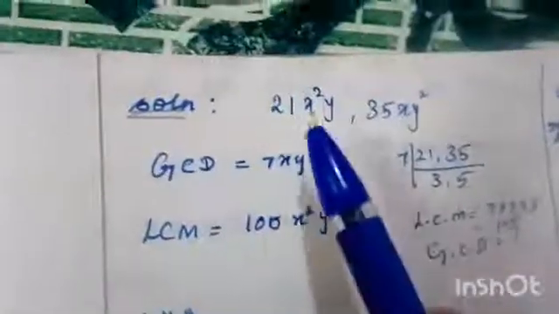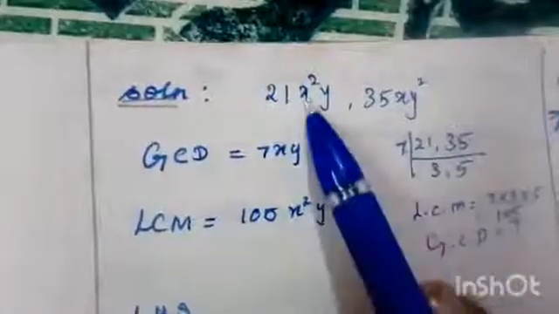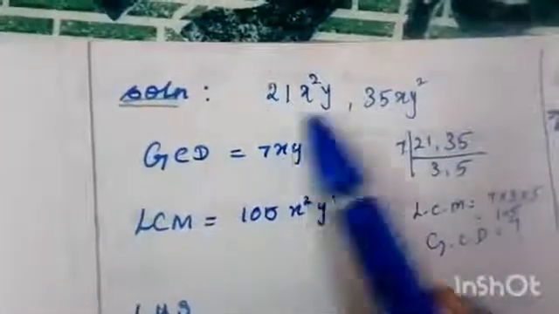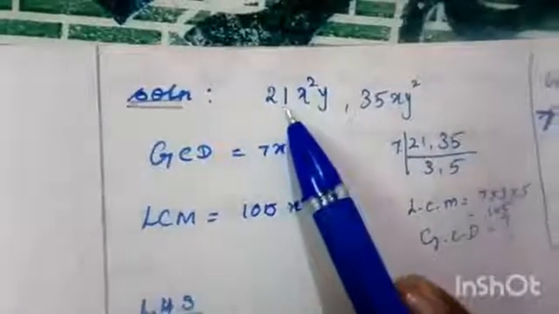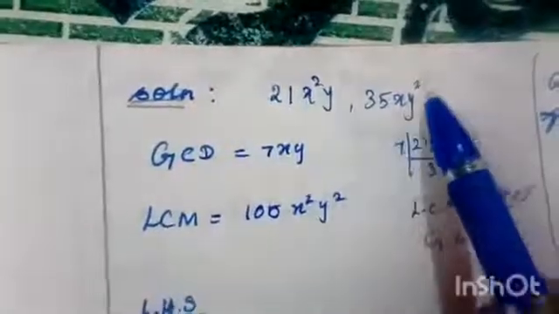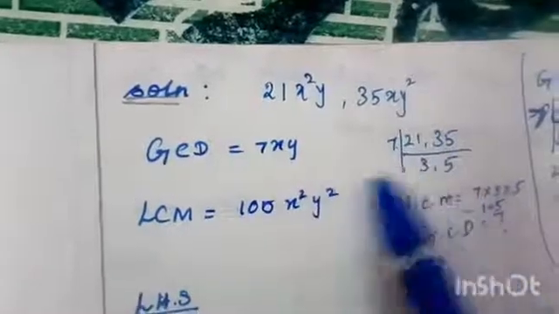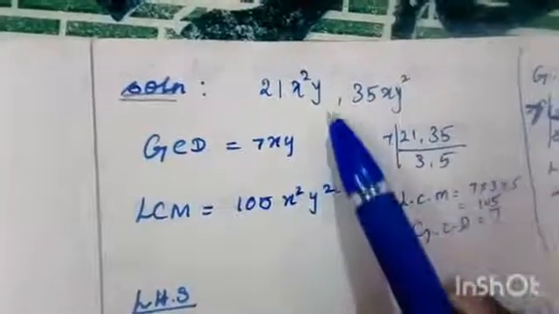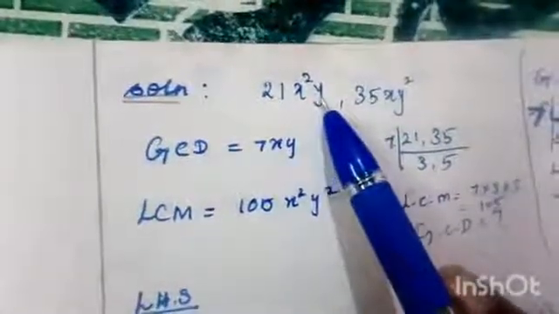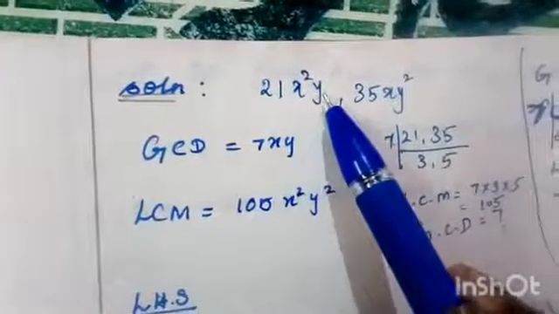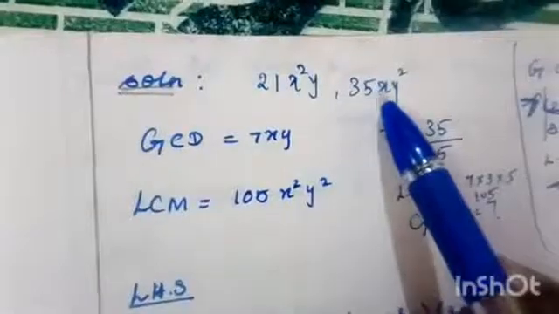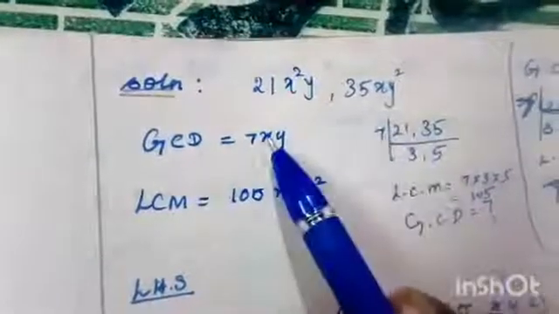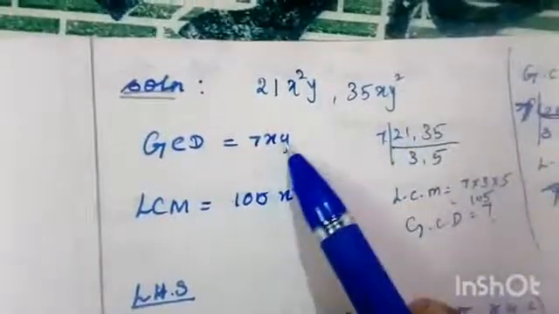Now for the GCD, we have to write the GCD of coefficients and their variables. For 21 x square y and 35 x y square, the GCD of coefficients we found is 7. GCD means the least power of the expression, the smallest power. So x square and x, the smallest power is x; y square and y, the smallest power is y.